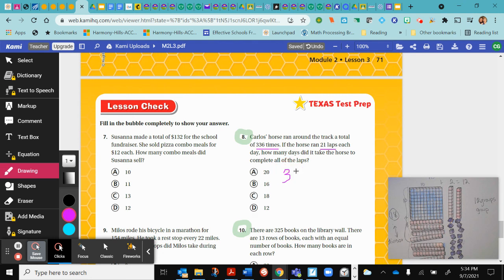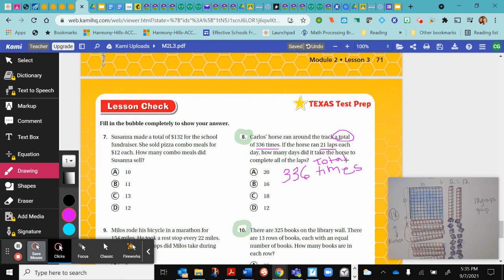Well, this is a busy, busy horse. So the horse ran 336 times. If the horse ran 21 laps, this was a total. Remember that if you're given the total, so I'm going to write the word total here.